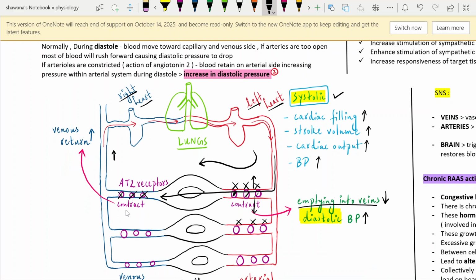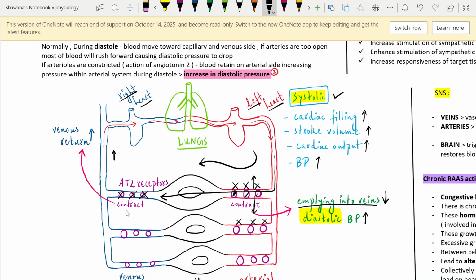Okay, let's revise it. First of all, normally during the diastole, when the heart relaxes for a brief period of time, the blood rushes towards the capillaries and venules. It will cause the diastolic blood pressure to drop. But under the action of angiotensin 2, arterioles are constricted, the blood will be retained on the arterial side, increasing the pressure on the arterial system during the diastole.